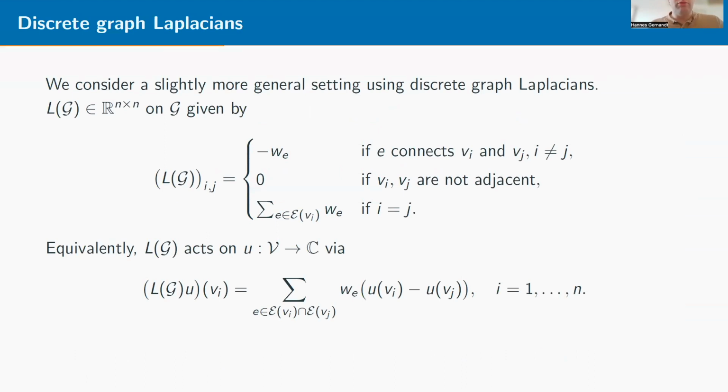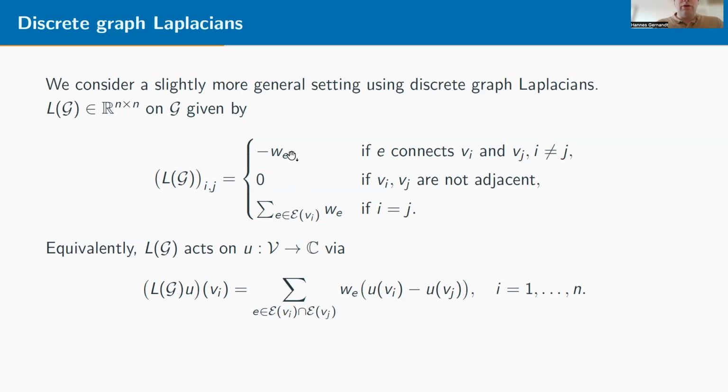So let me briefly recall what a discrete graph Laplacian is. You consider square matrices, you have a graph, and on the edges you have a certain weight, w_e. And then the graph Laplacian is defined like that. On the diagonal, you just sum all of the weights of all adjacent edges to a certain vertex Vi.